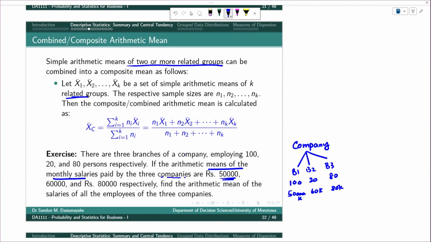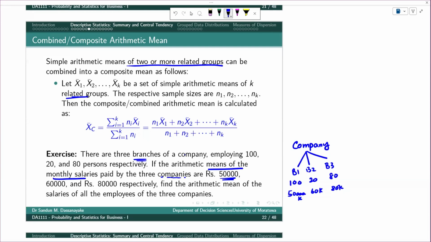We don't look at the employees one by one, but we have some idea about the central tendency of those different branches.